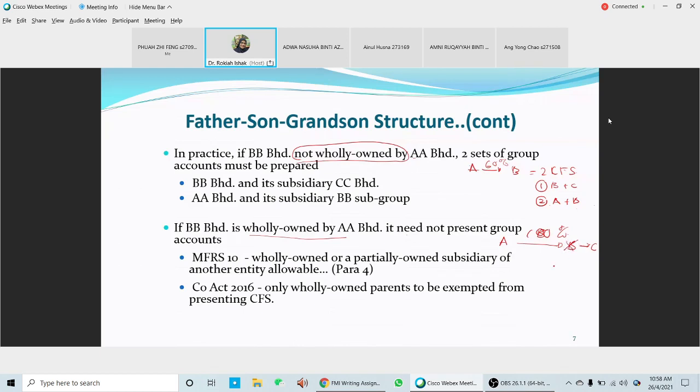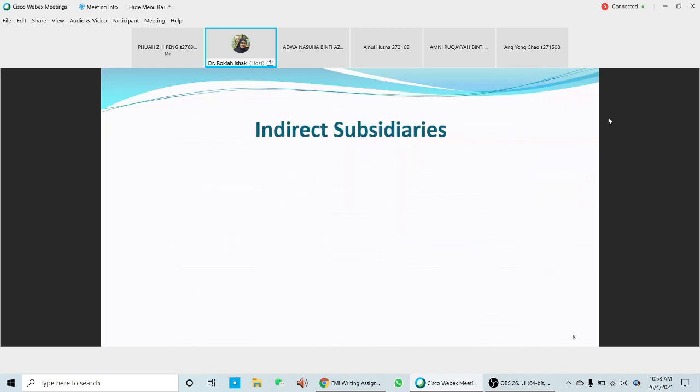We only prepare one consolidated financial statement. Only a wholly owned parent will be exempted from presenting a consolidated financial statement.